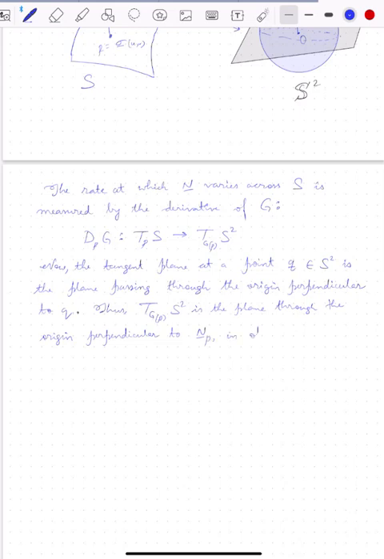In other words, the tangent plane itself, TPS.